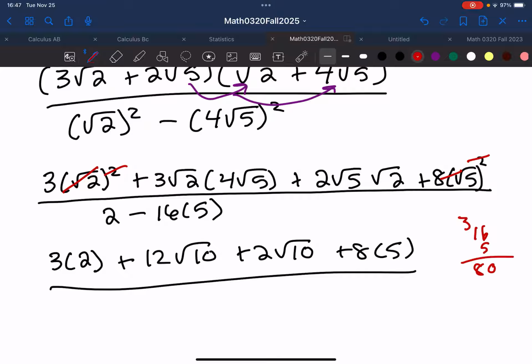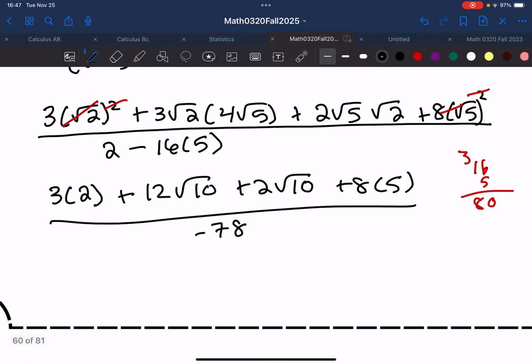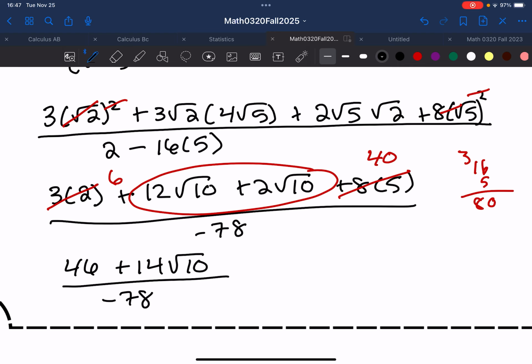Okay, so 2 minus 80 is negative 78, so I have negative 78 on the bottom. And then I'm just simplifying this top, so 3 times 2 is 6, 8 times 5 is 40. These can combine to be 14 square roots of 10. So this is 46 plus 14 square roots of 10 over negative 78.